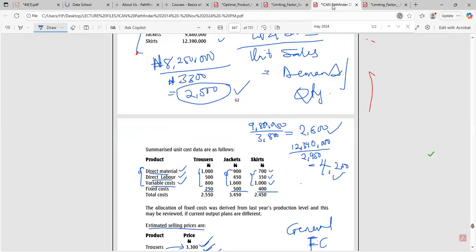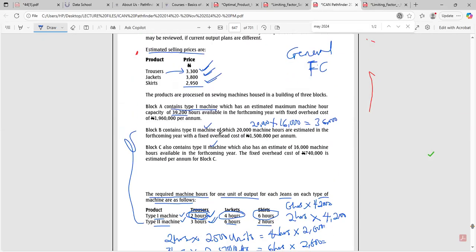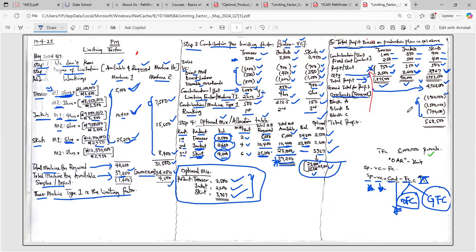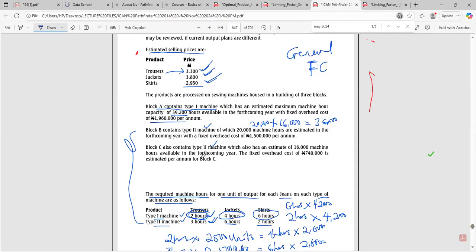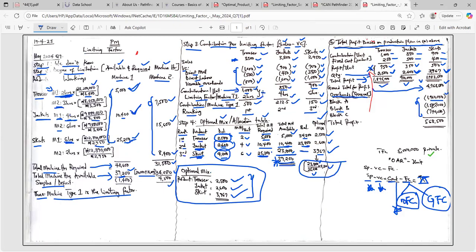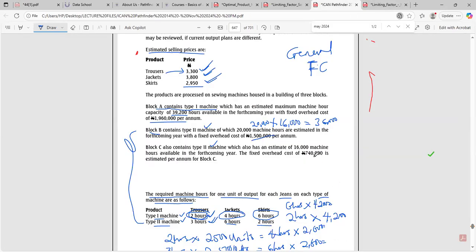Now look at my general fixed cost in the question. For block A, we have 1,960,000. I copied it and brought it here. For block B, it is 1.5 million. Copy it and bring it here. For block C, it is 740.